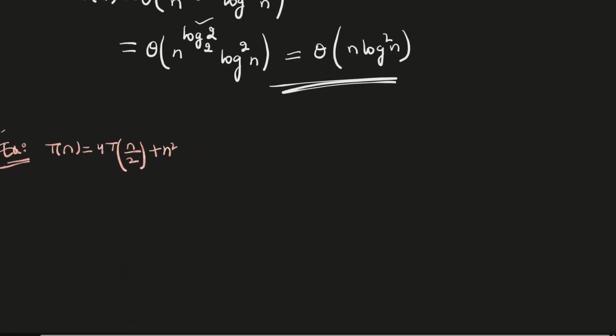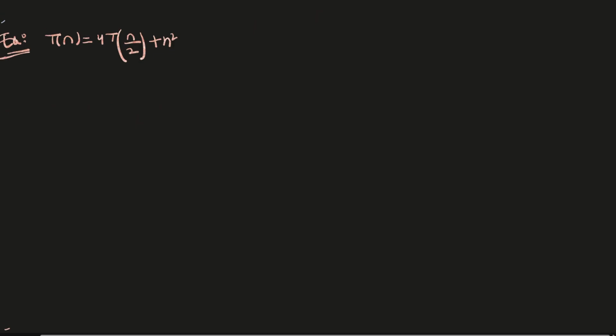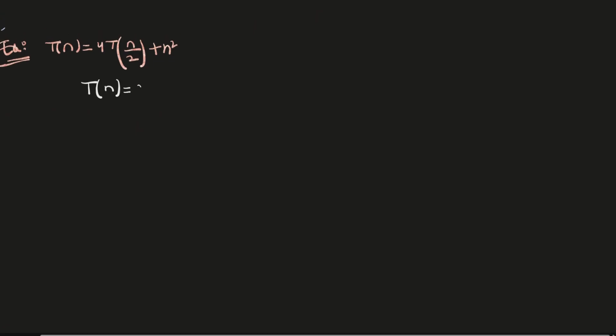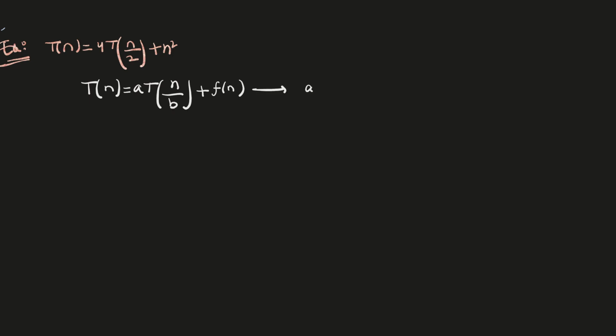So let's go to the next question. In this question, again if we compare it with the original equation a T of n by b plus f of n, then the value of a would come out to be 4, the value of b would be 2, and f of n is equal to n square.